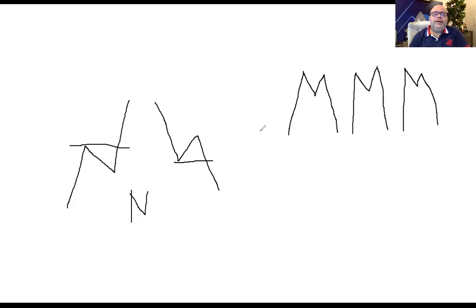Okay. Key issue in terms of the W and the M pattern is that they should have something to reverse. So an M pattern needs to have a large rally before it, and a W pattern needs to have a large decline before it.